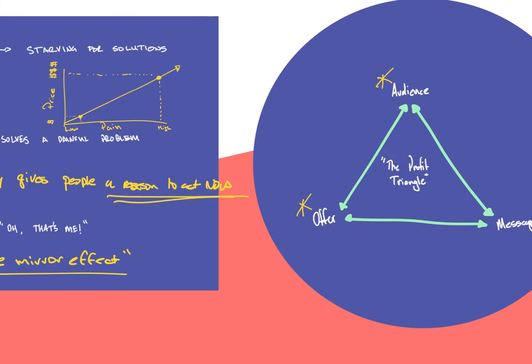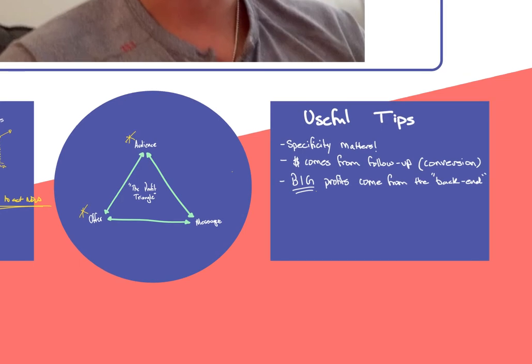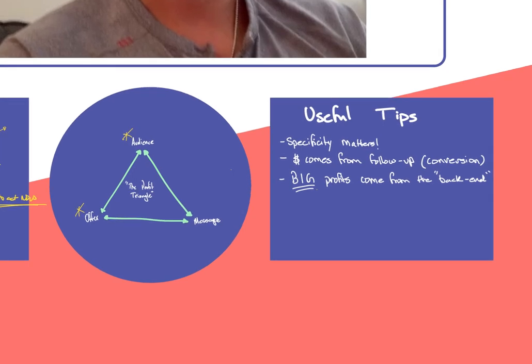The same thing with your offer. A specific offer will always outperform a general offer, all right? And then the last thing is specificity with your message. The more clear, the more detailed you can get with speaking with your audience, the more they'll feel like you're actually talking to them, okay?